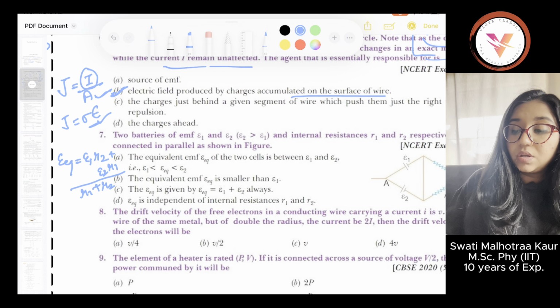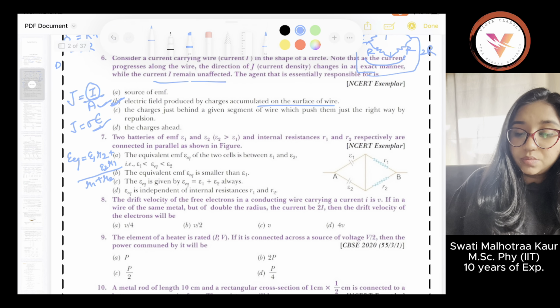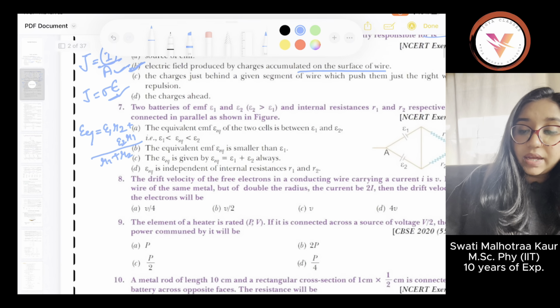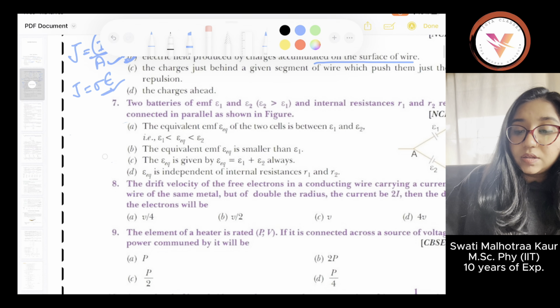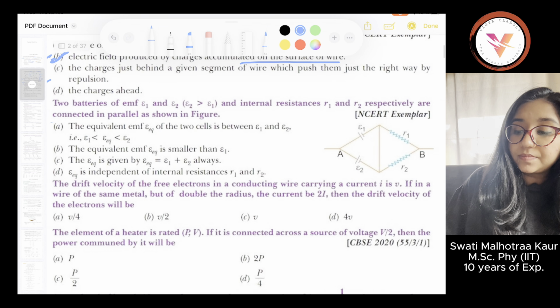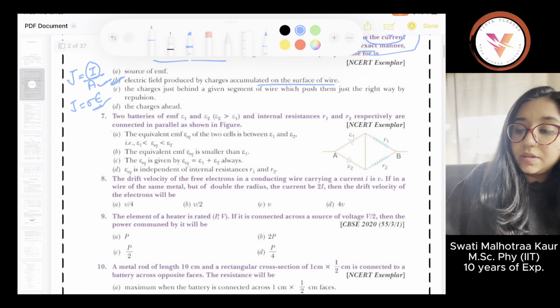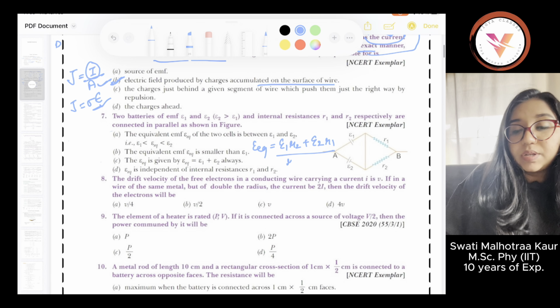Now, we can do it. It is given that its formula is E equivalent is E1 R2 plus E2 R1 over R1 plus R2.